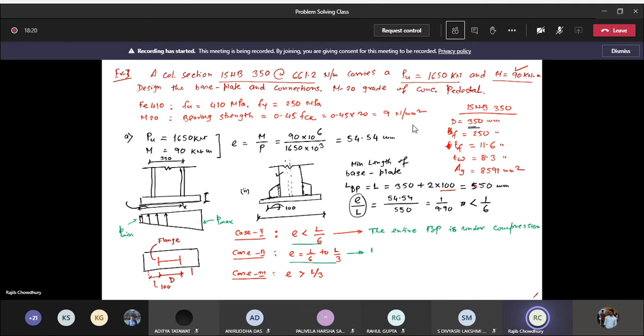Most of the base plate would be under compression with little or negligible tension on the remaining part.